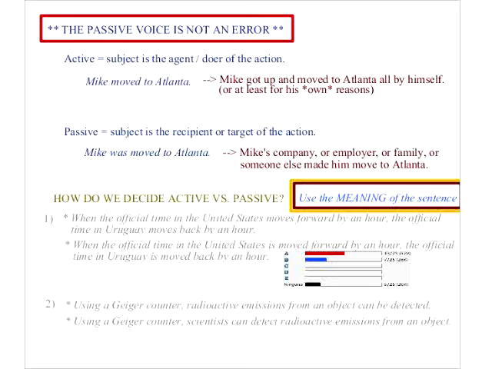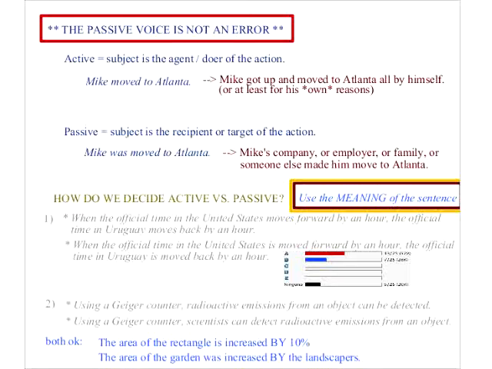If I say I grew by 6 inches over the summer, or the area of the rectangle is increased by 10%, or the area of the garden was increased by the gardener or the landscapers. These are two different uses of by.